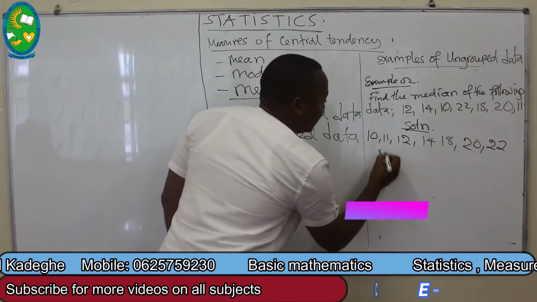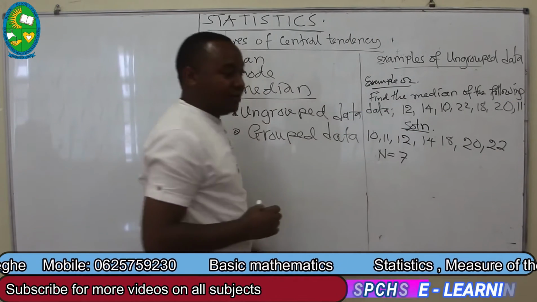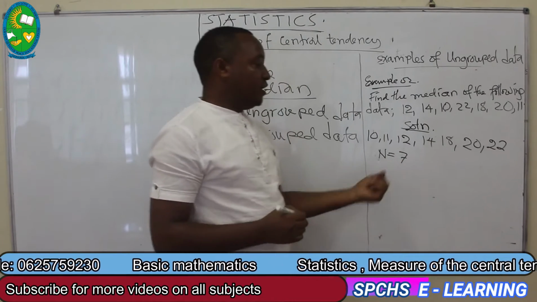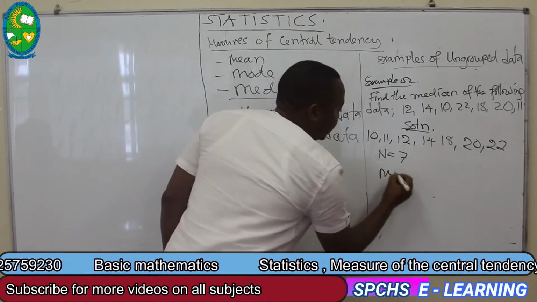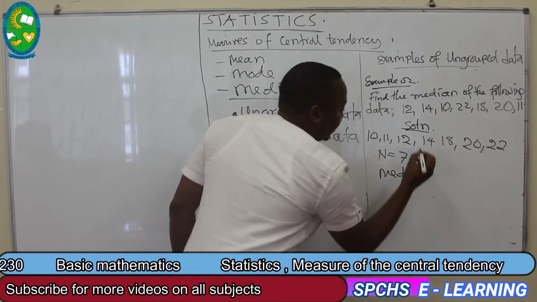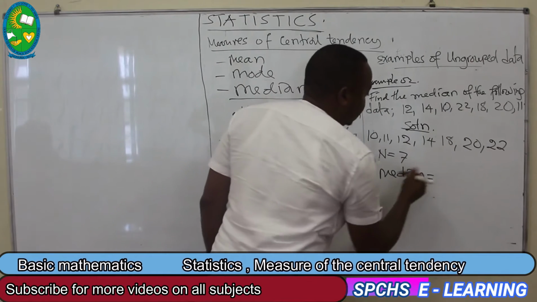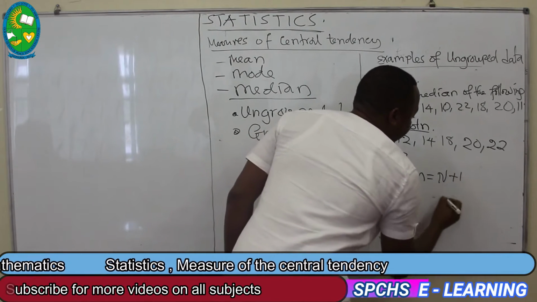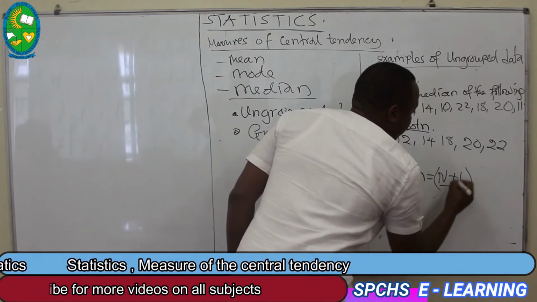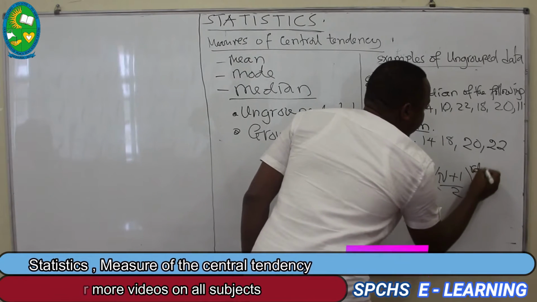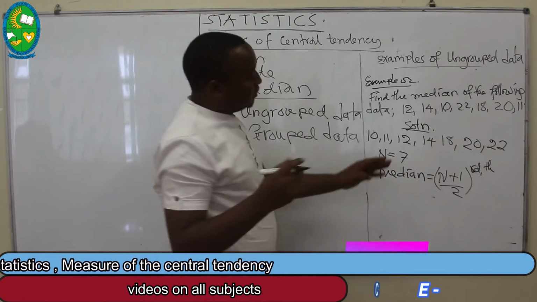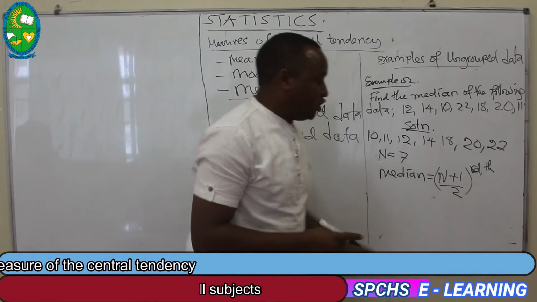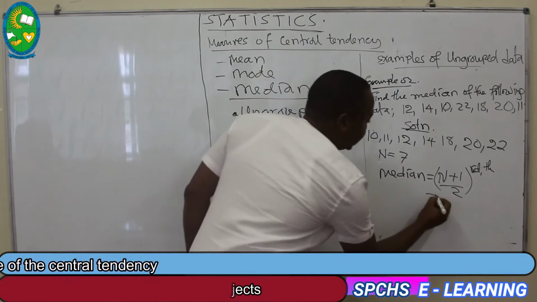So our n now is 7. 7 is odd. If n is odd, the median is obtained by n plus 1 divided by 2 th term. So our n here is 7.